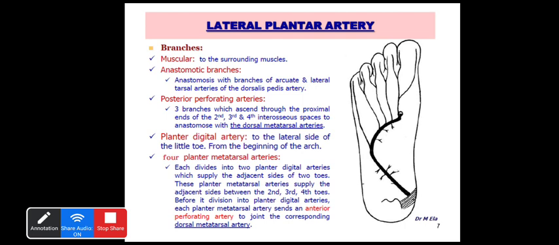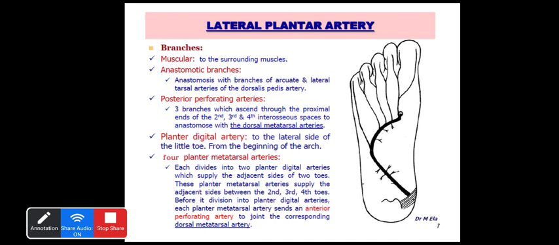And the posterior perforating arteries are three branches which ascend through the proximal ends of the second, third and fourth interosseous spaces to anastomose with the dorsal metatarsal arteries. The dorsal metatarsal arteries are branches from the arcuate artery, which in turn is branched from the dorsalis pedis in the dorsum of the foot.